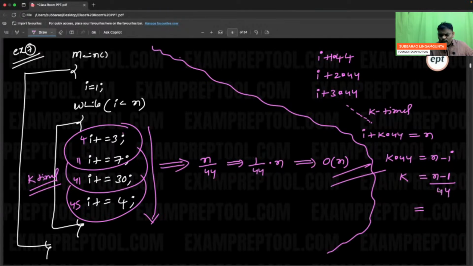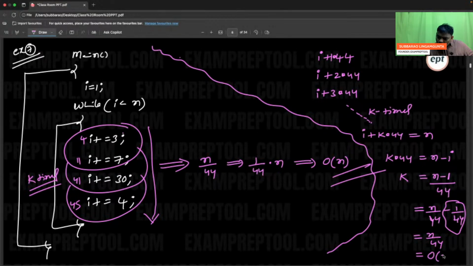That much you no need to bother. So n by 44 minus 1 by 44. I think this is almost negligible. So n by 44, which goes to big O of n.